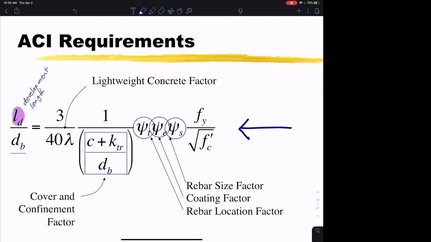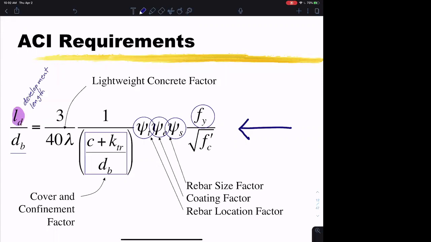That's different than the diameter on the left-hand side of this equation. Obviously, the stronger the steel, it takes more force to break, and thus you have to embed the bar longer. So higher strength steel requires a longer embedment length because you have to pull harder to break it.